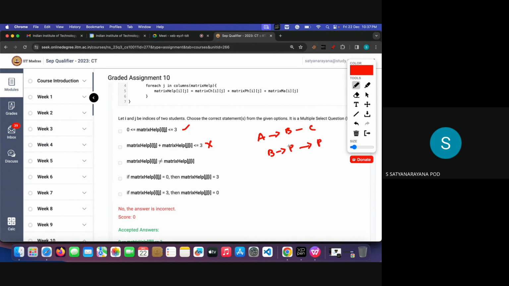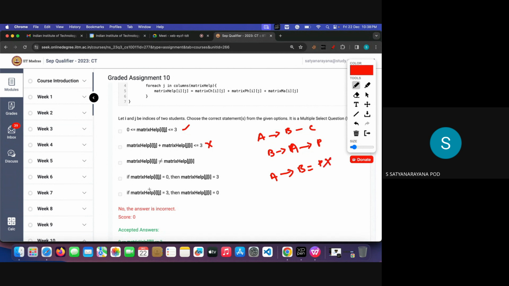Now, A cannot help B in physics, because you cannot write another condition like A is helping B in physics. You cannot write it, no?